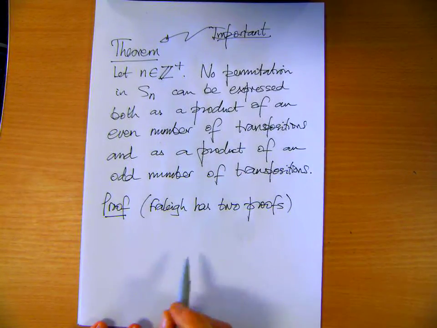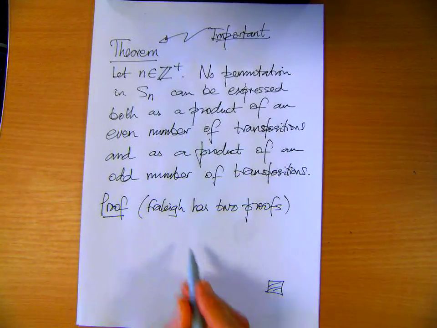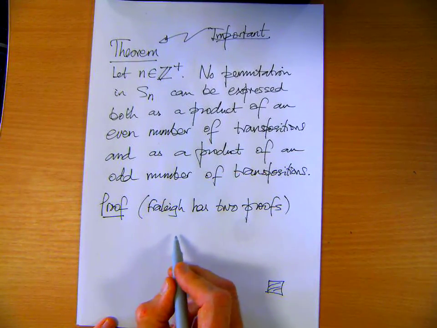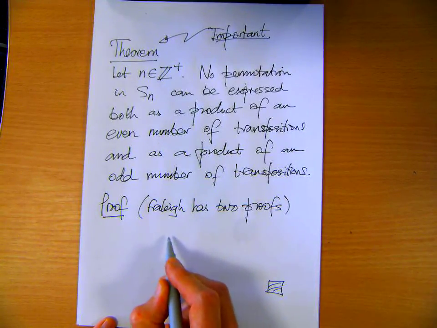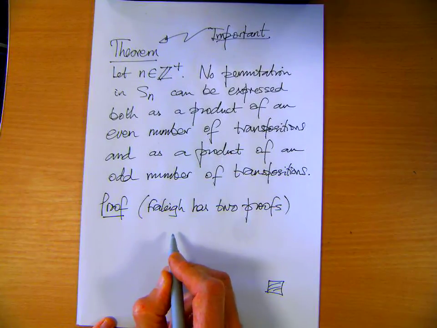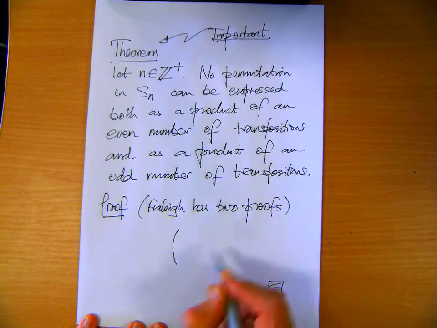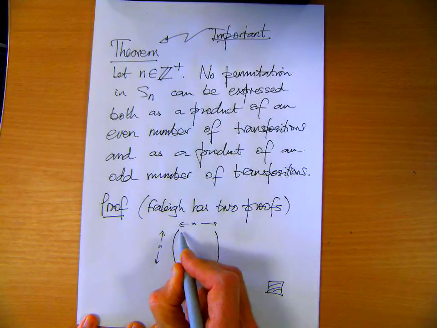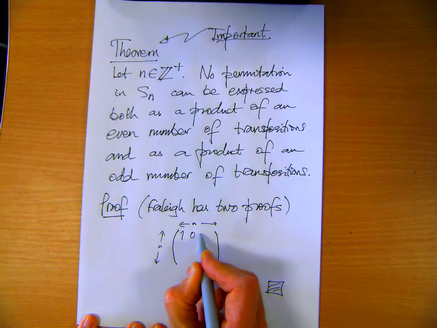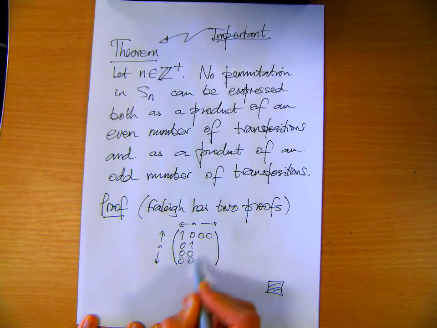You can look at the details in Fraley. The way the proof goes, and this is not a properly written out proof here, the idea is we think of permutations not as acting on the numbers 1 up to n as numbers, but on the rows of the n by n identity matrix. So suppose, well, this is the 4 by 4 identity matrix.